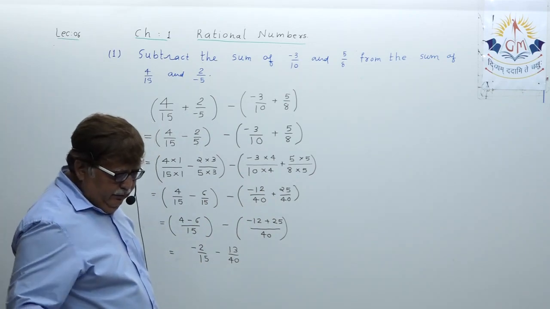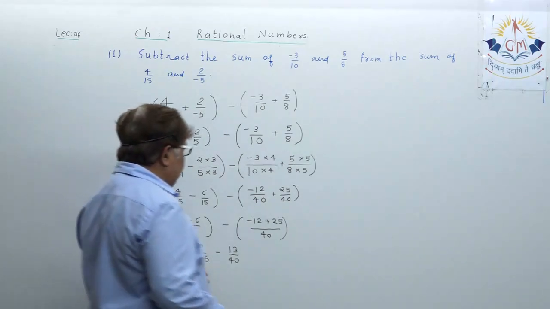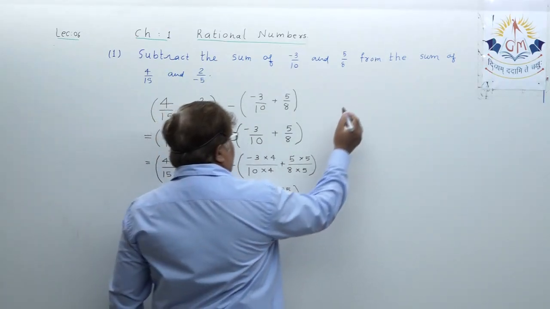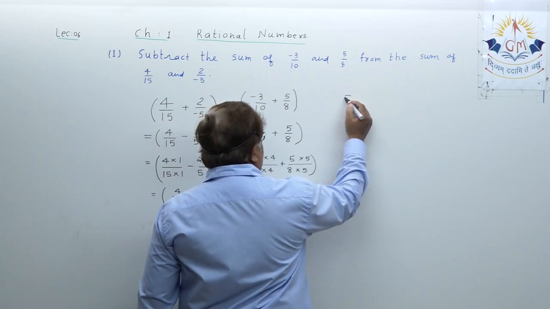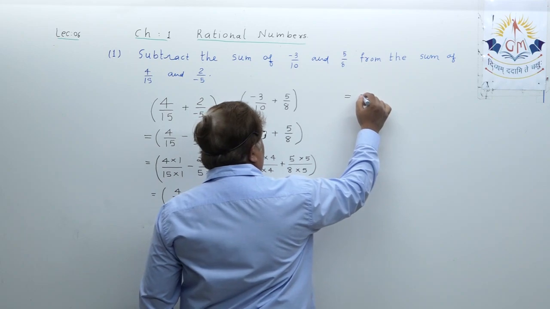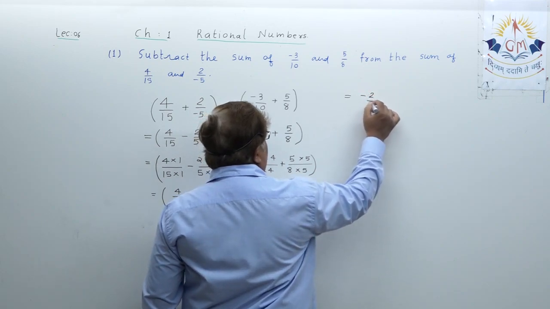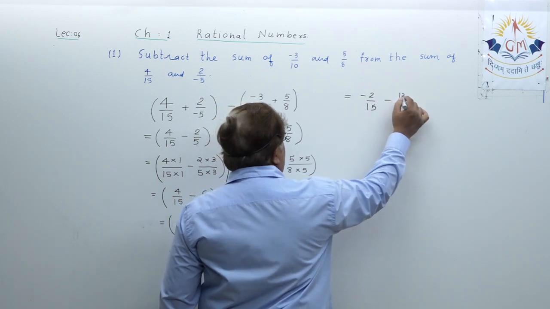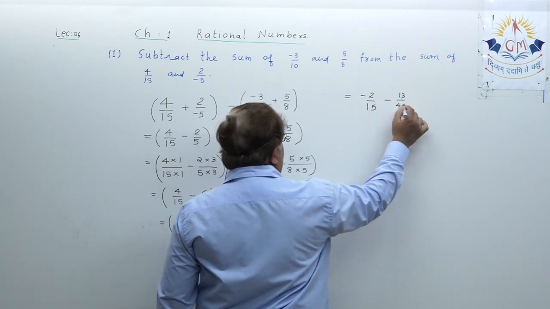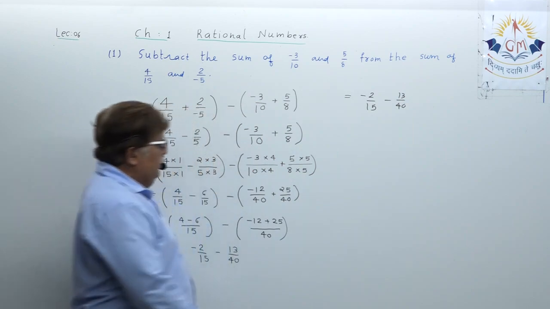Now let us move further from here. I am continuing the sum here, so please concentrate. Minus 2 upon 15 minus 13 upon 40. Okay, dear student.